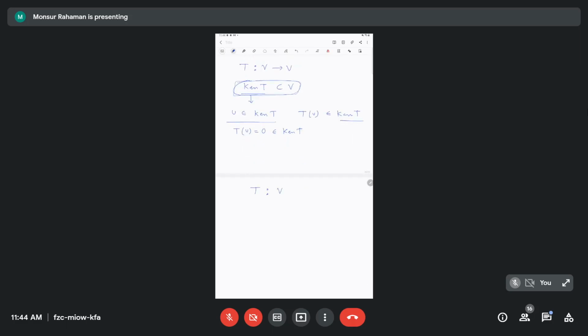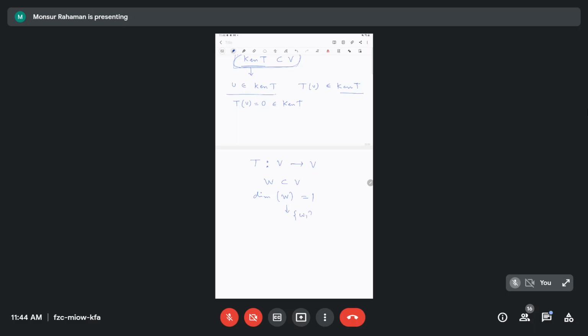Okay, what were we doing earlier? Earlier we considered an eigenvector and said this is an invariant subspace. Now I am saying this is a vector subspace of V and this is one-dimensional. One-dimensional means it has one basis, which is W1. Also I am saying that this W is invariant under this T. Invariant means if you take any w belonging to W, Tw will be in W again.